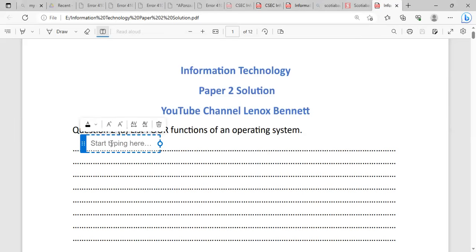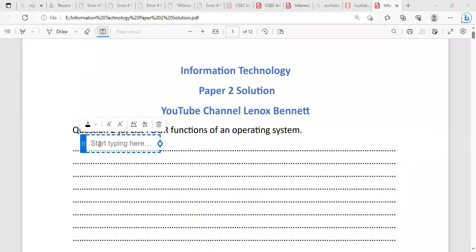What are the 4 functions of the operating system? So it says, what are 4 functions of the operating system? 1, it controls the program execution.